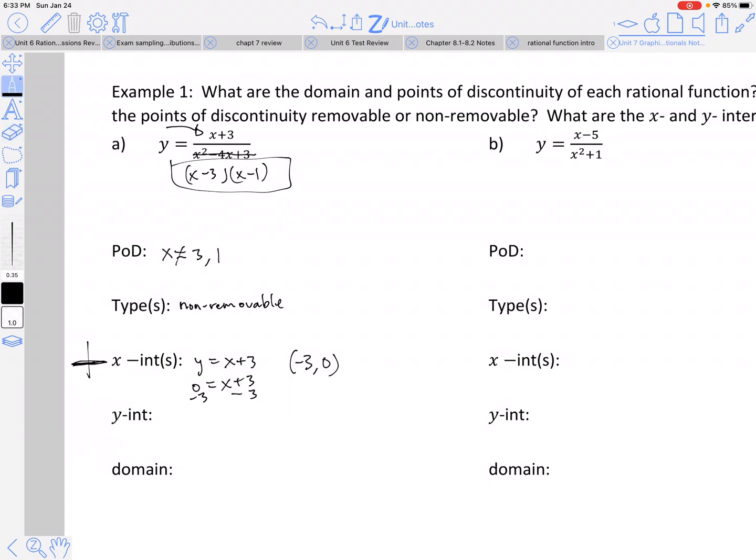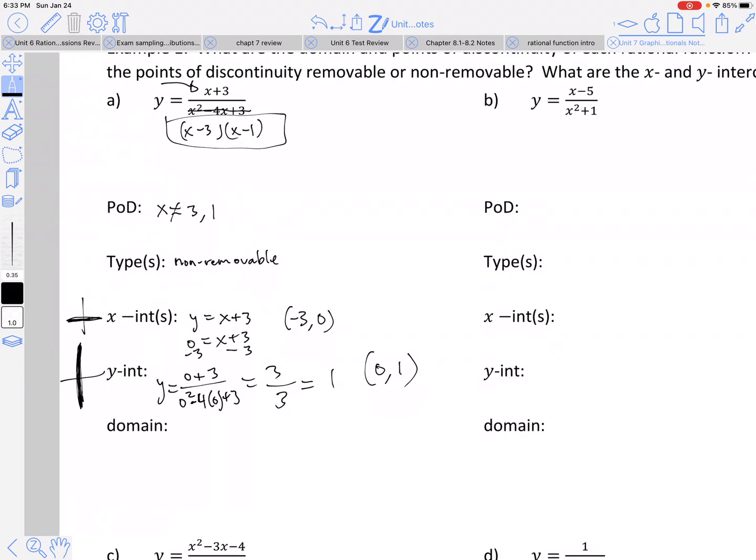If you think about when it hits the y-axis, the y will be a number, and the x will be a 0. So we're going to take this function and replace all the x's with 0. So we have 0 plus 3, 0 minus 0 is 0. We have 3 over 3, which is 1. X is 0, y is 1.